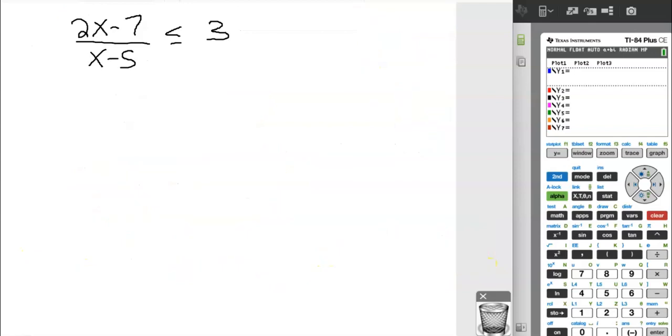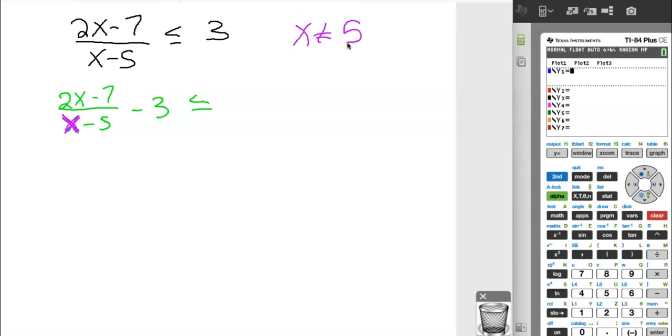Either one will work. So let's consider a problem like this. If we had this problem to solve, again, we want to set it equal to 0, so we're going to bring the 3 over. And something I want you to get in the habit of noticing right at the very beginning: notice x on the bottom, so that cannot be 5.